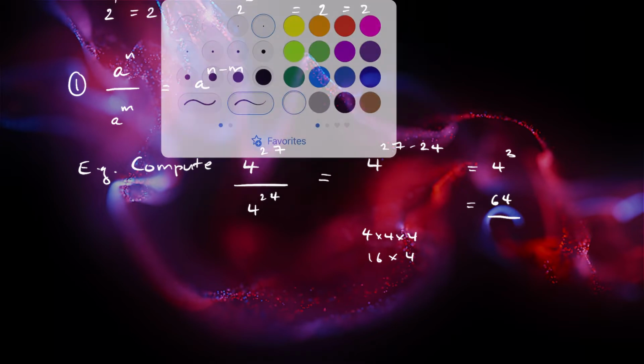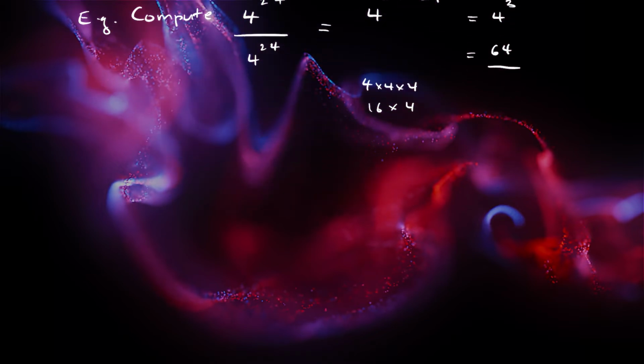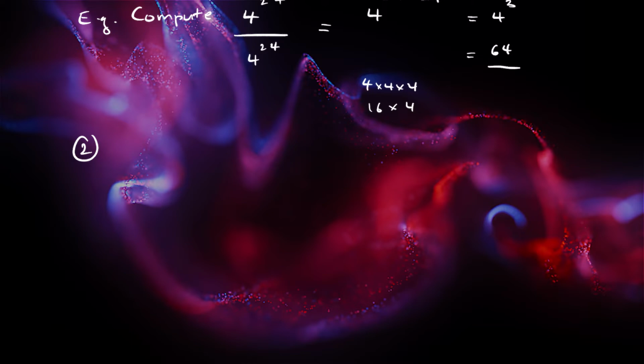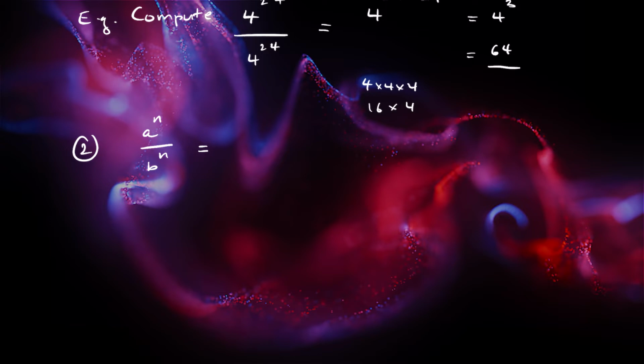Now, coming from that, our second quotient rule, which is a bit of a factorizing one, just like the product rule: if we have a to the power of n divided by b to the power of n, so we've got the same powers on the top and the bottom of the fraction, but the bases are different, we can take that power out.